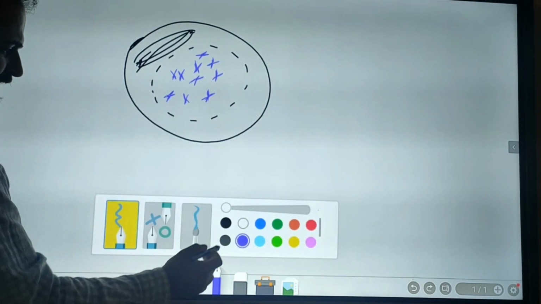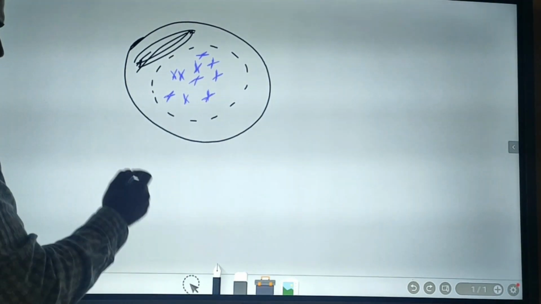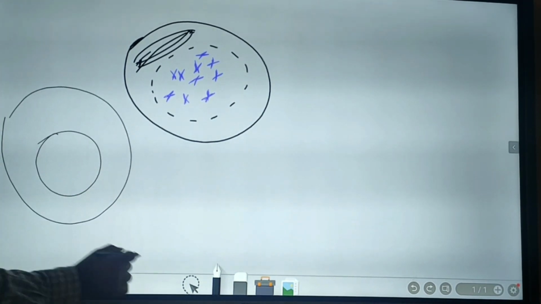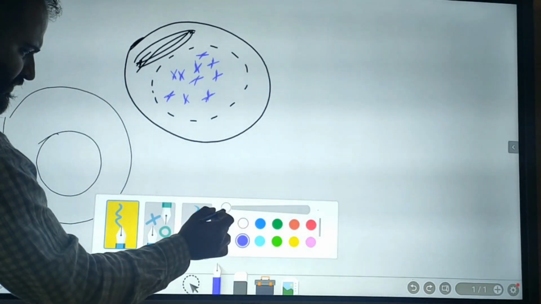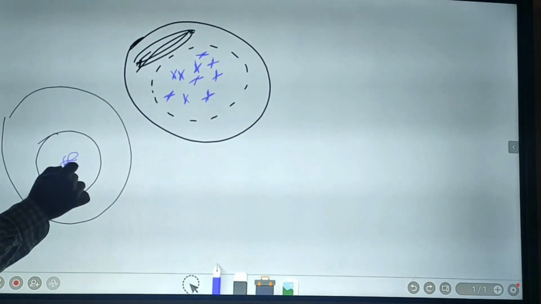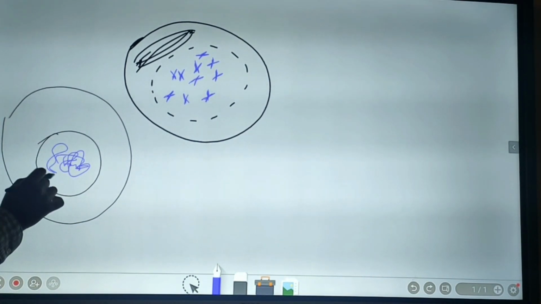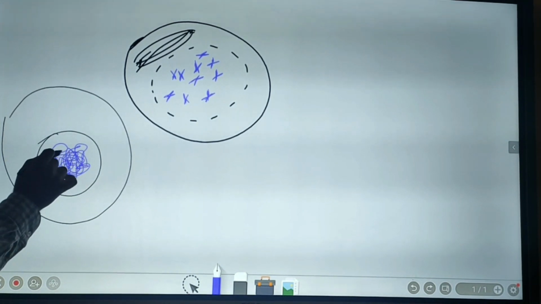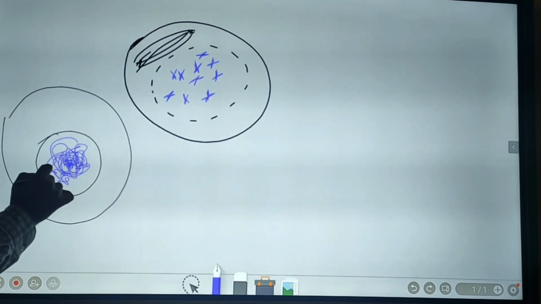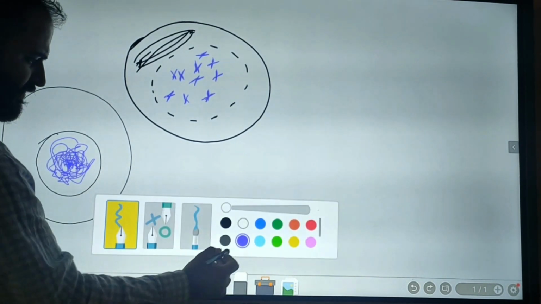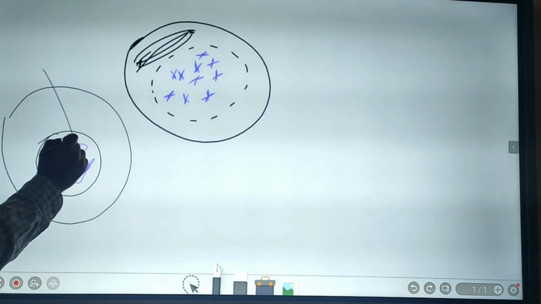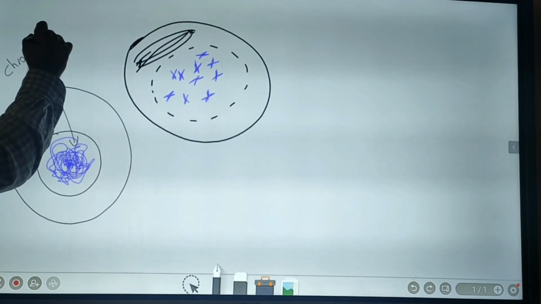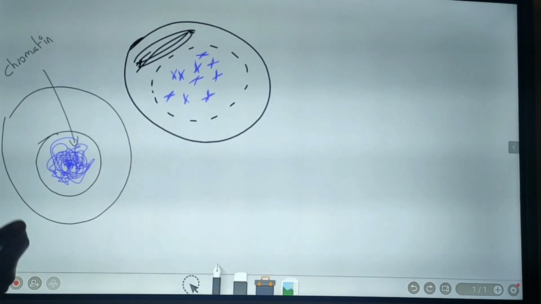Whereas a cell which is not dividing will have this, and this is called the chromatin material. Okay, so this is called the chromatin, which is made of DNA and proteins, but they are not condensed.